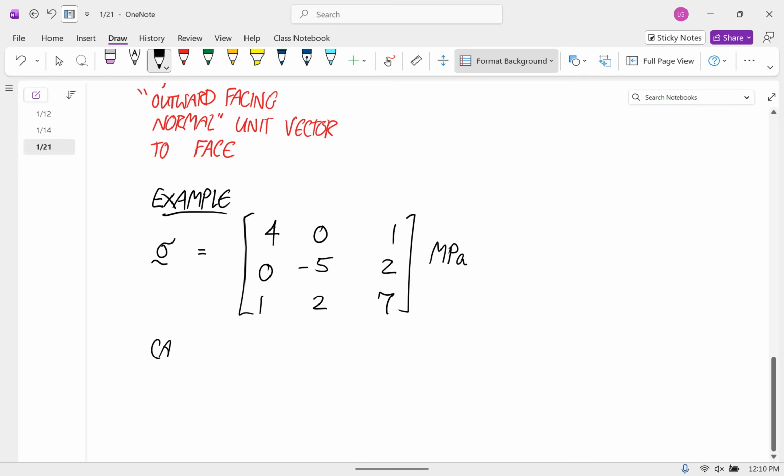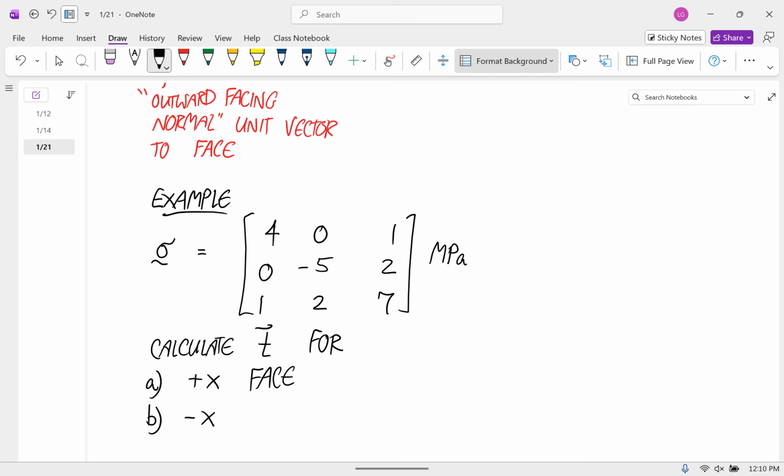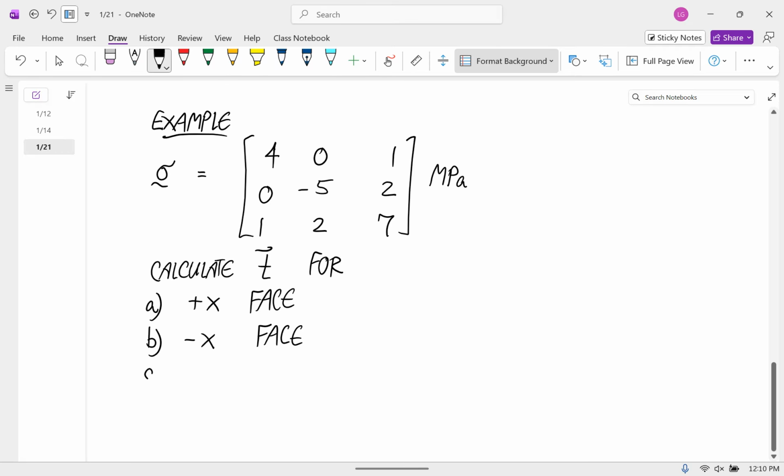And we want to calculate the traction, we'll first do it for the x face, the positive x face. Then we'll do it for the negative x face. And then I guess I'll just do it for the negative z face. That should give us enough to have a sense of what's going on.